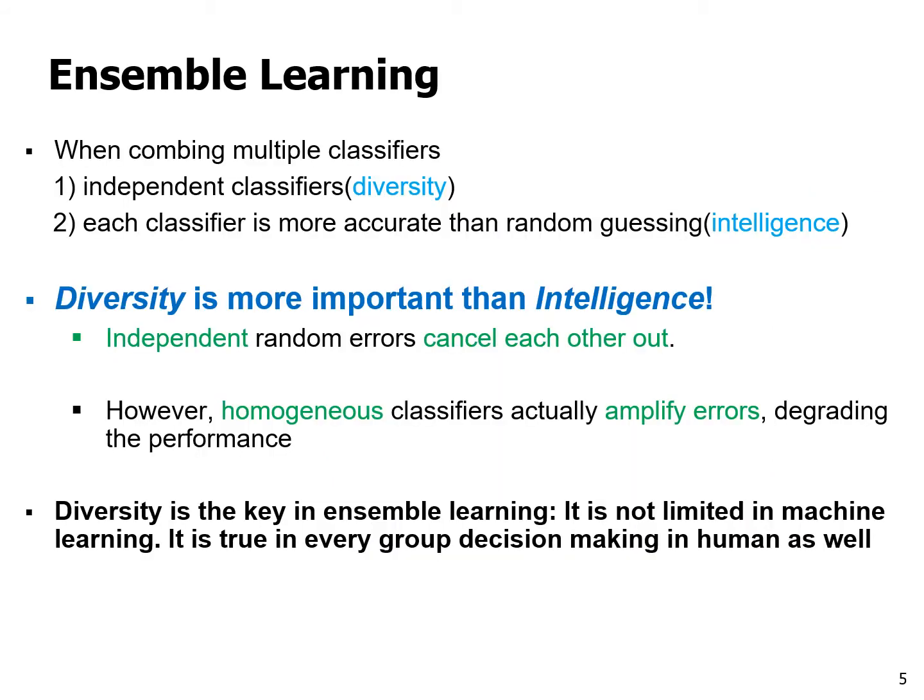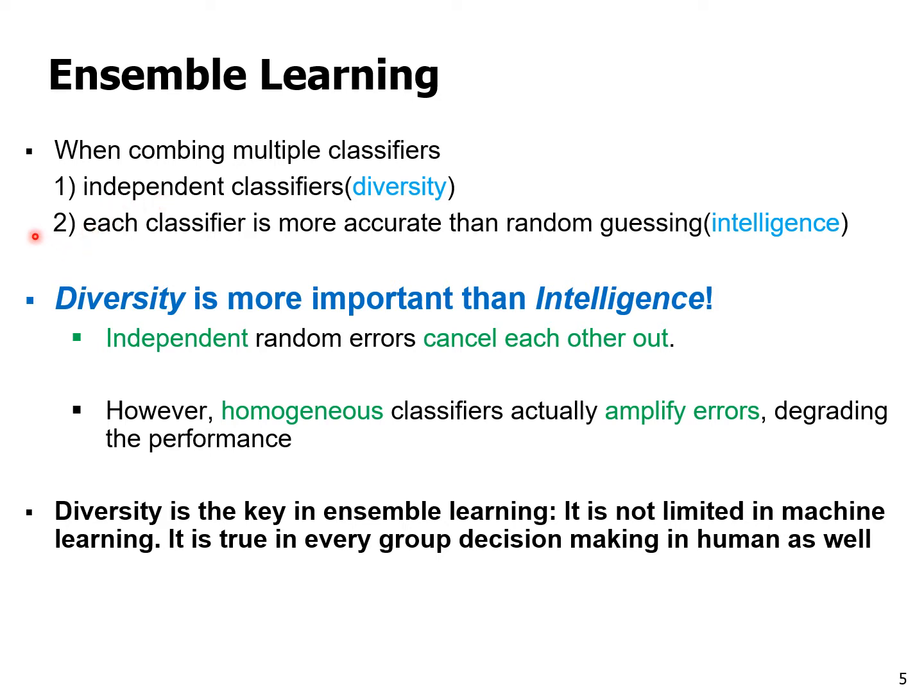We have multiple classifiers in ensemble learning, and there are some conditions for the classifiers to satisfy. The first condition is each classifier should be independent of each other.